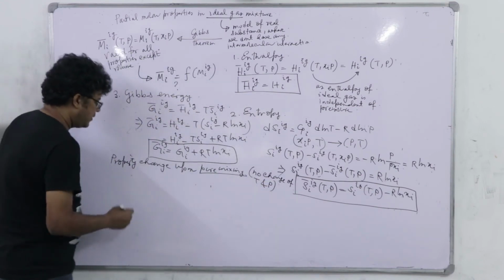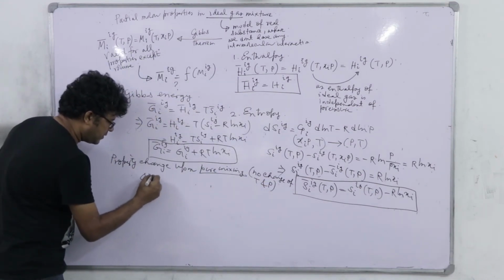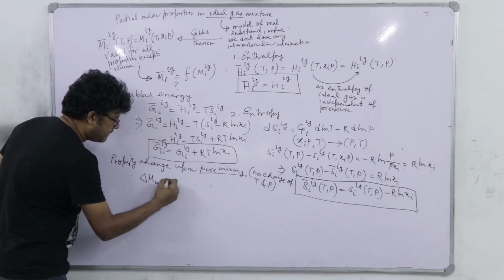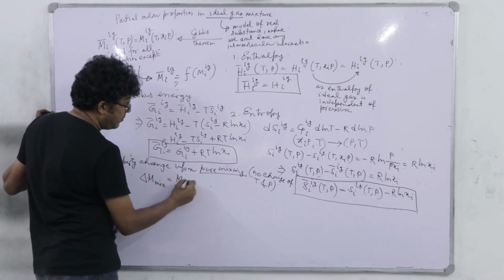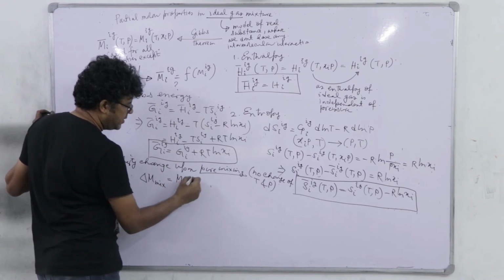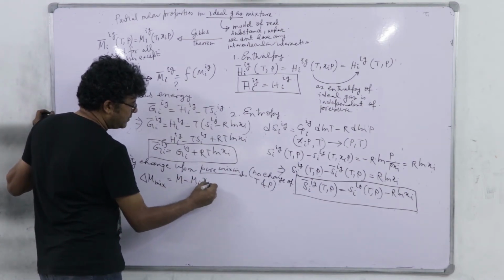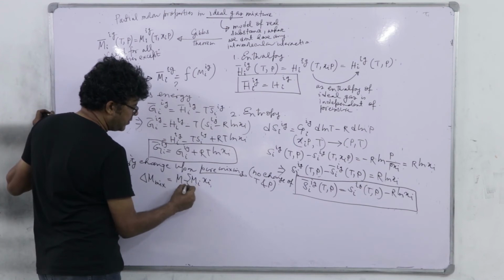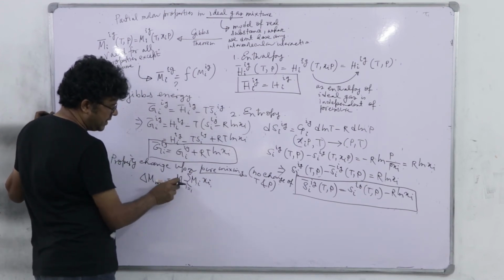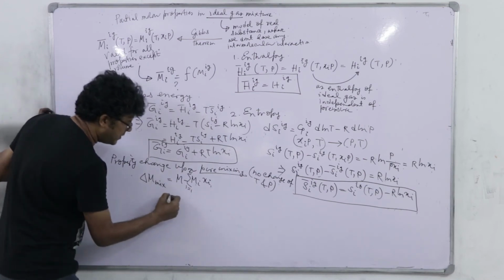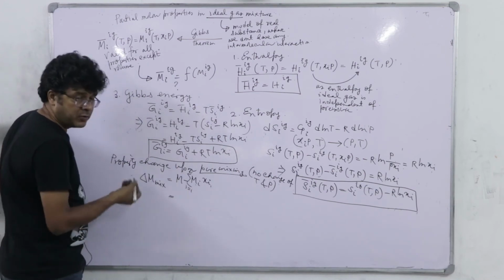So, delta M mix is basically equal to M minus the summation of the pure-form weighted average, where M is the solution property, the specific solution property per unit mole.